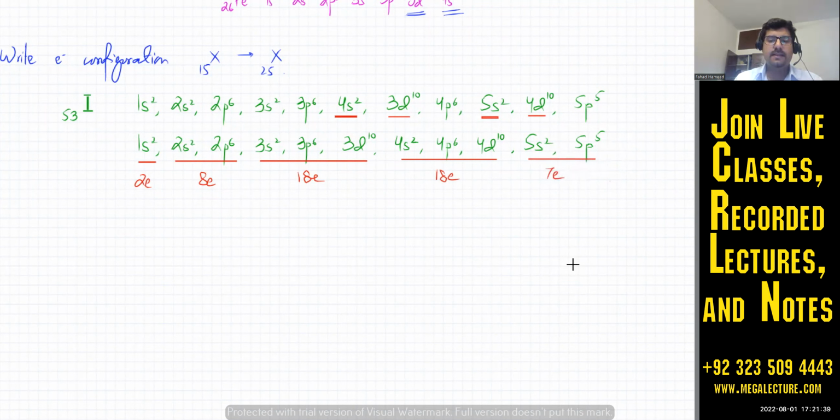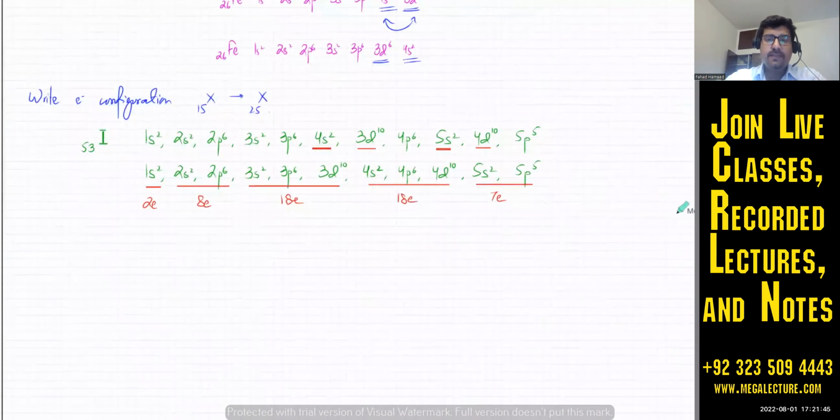So the outermost electrons in the fifth shell, which are the furthest away from the nucleus, have 7 electrons. That's how electronic configurations are going to be written.